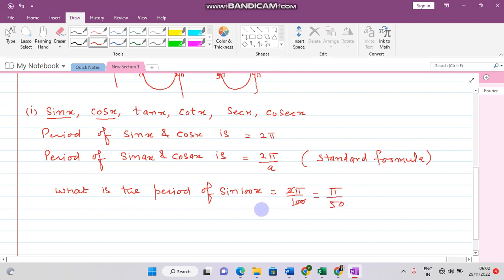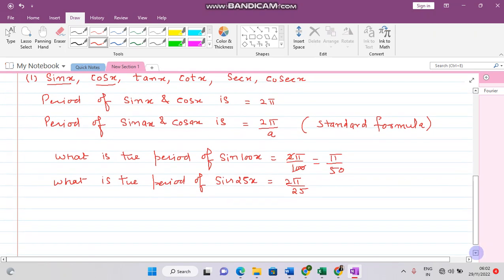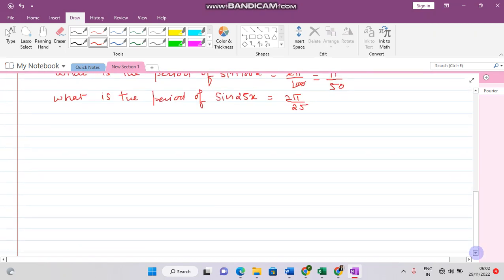So pi by 50 is the period of sine 100x. If somebody asks what is the period of sine 25x, it is 2 pi by 25. So in this way you can find the period of sine ax or cos ax function.